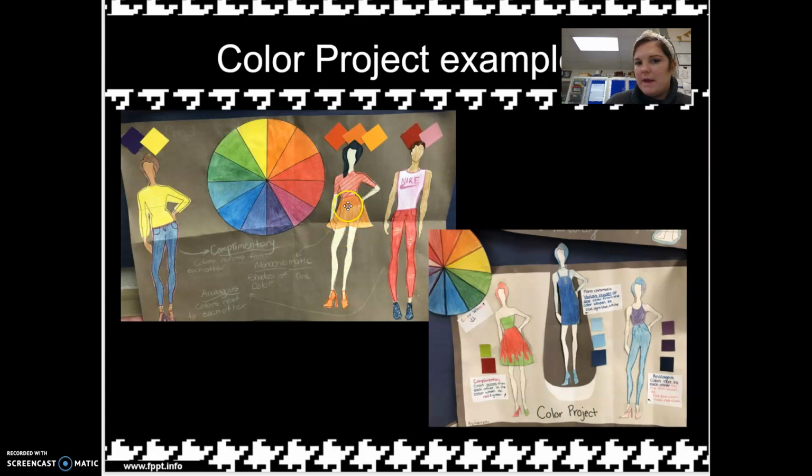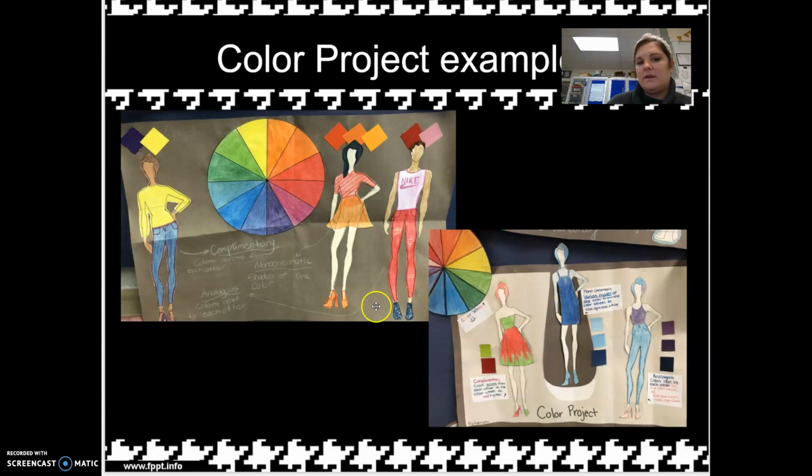Here, this is monochromatic. They have chosen orange. So she included 3 colors of orange that are depicted on her sketch. And then we have analogous, okay? So they should be colors next to each other on the color wheel. She has chosen red and it looks pink, but it probably would be like red violet.